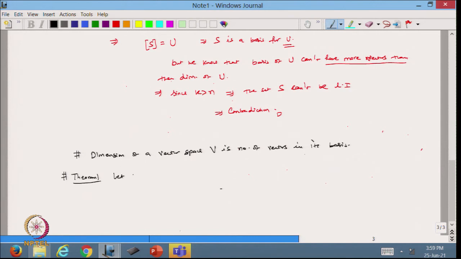Let U be a subspace of a vector space V. So, we are talking about finite dimensional vector spaces.